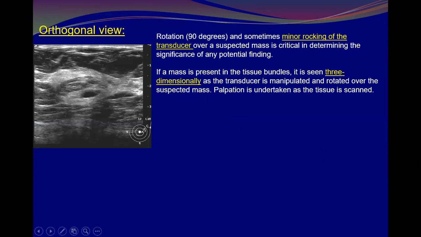So sometimes the parenchyma looks like or mimics lesions. What I can see are small cysts here. Could you see any abnormality in this image? Any lesion in this image?